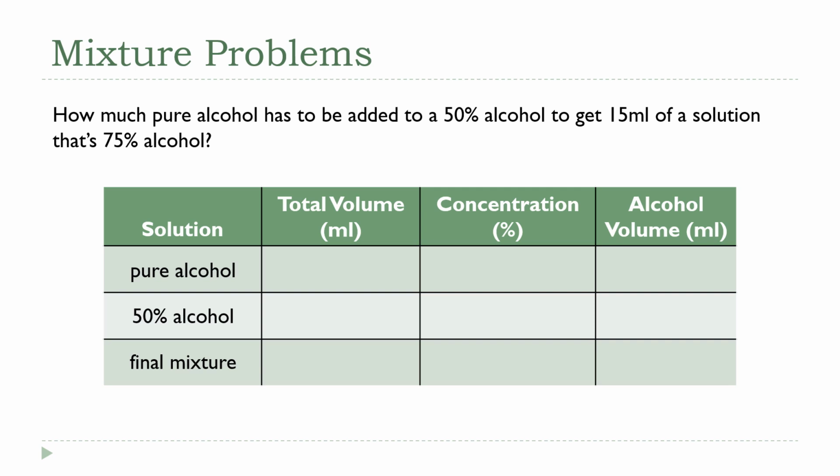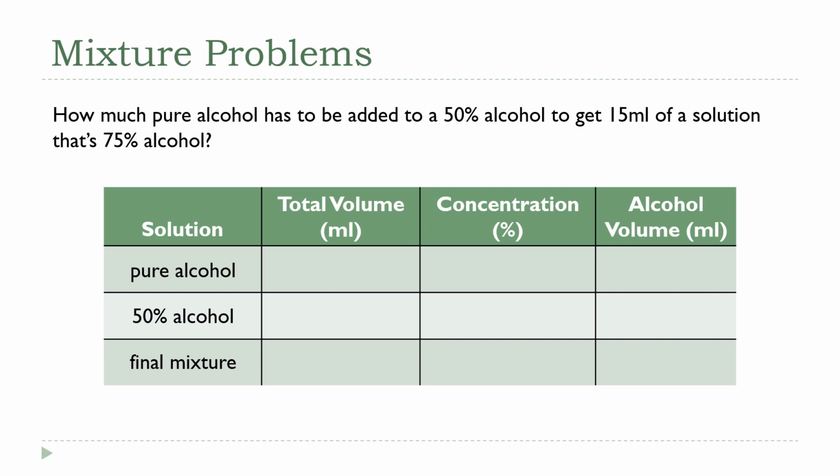So think through an example in your head. If I have 100 milliliters of something, and 25% of it is alcohol, say, how much of that 100 units is alcohol? Well, it's 25% of 100. So we're going to multiply across the rows here.